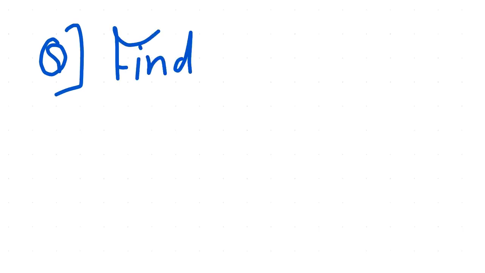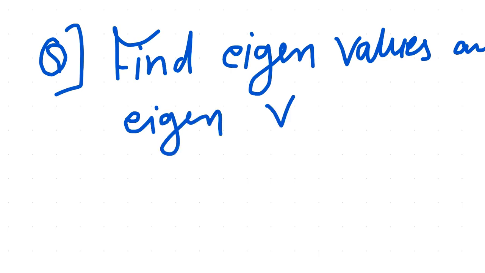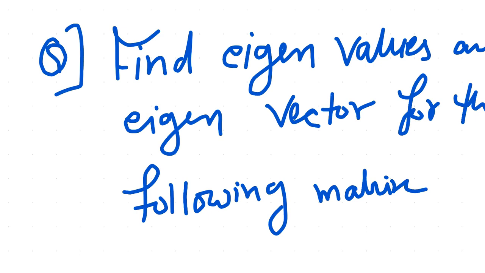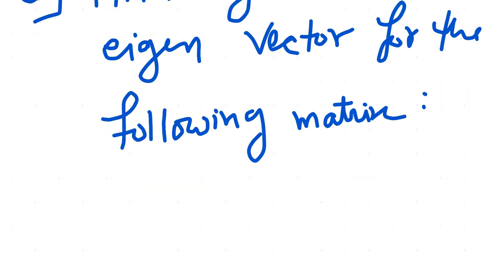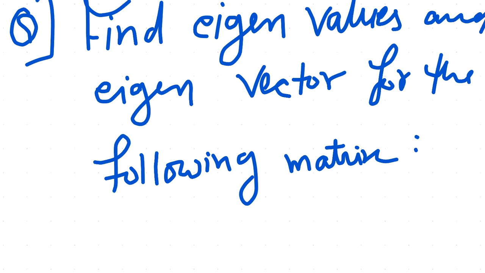Question: find eigenvalues and eigenvectors for the following matrix, because for each eigenvalue we have a different eigenvector.